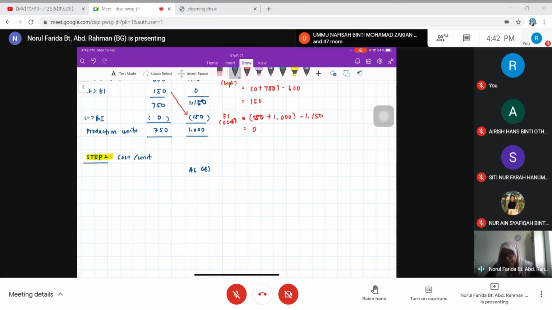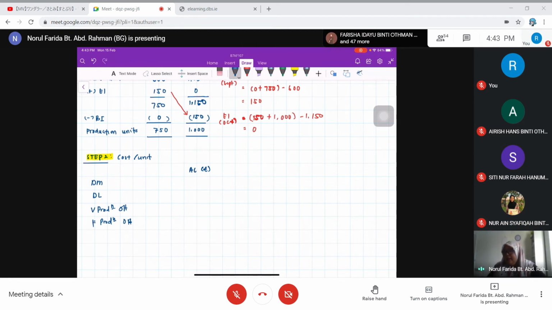So your variable consists of your direct material, direct labor, variable production overhead, and fixed production overhead. Okay, variable adalah direct material, direct labor and variable production overhead. Fixed production adalah fixed lah. Right, so your question cari sampai esok pun direct material, direct labor tu tak ada.